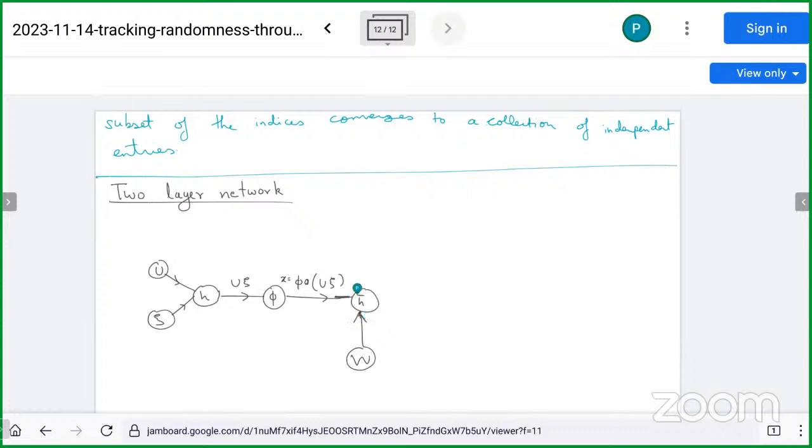So this is in R to the N, this is in R to the 1, this is just R, and this is also in R to the N. This is a matrix. I think we are calling it H bar is equal to W times X, which is in R to the N. And that's it. And then you do again Y.